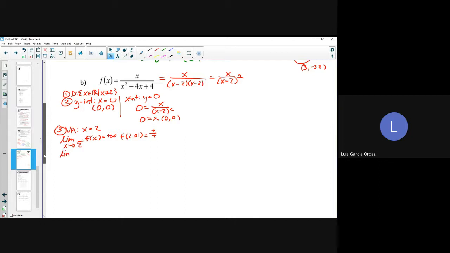The limit as x approaches 2 from the left of f of x will also be positive infinity, because any number squared that is negative will always be positive. So f at 1.99 is a positive over a positive.